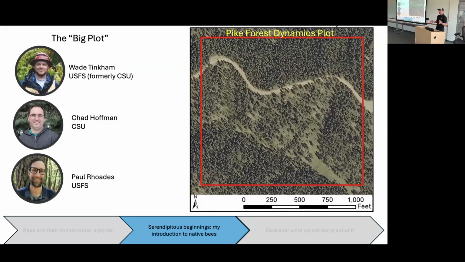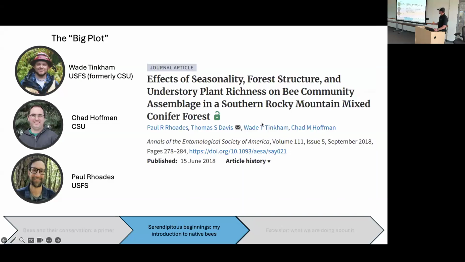So they had this really detailed census data that we could match against our samples of bee diversity. It resulted in this little paper that we published 8 years ago now, and it has since done pretty well and set the stage for everything else that we've done.